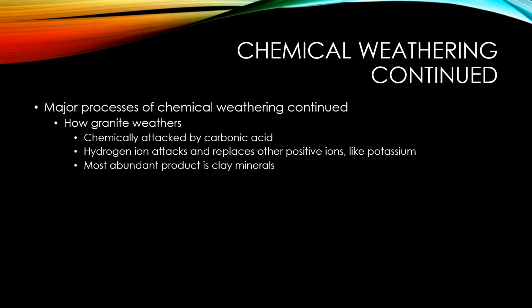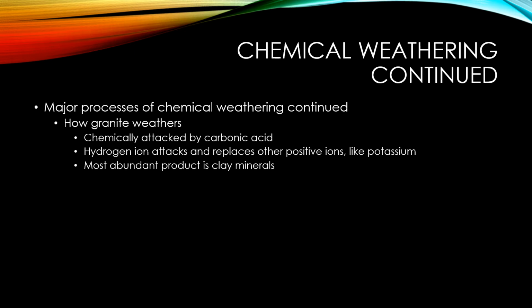And so essentially what occurs when a rock is being chemically attacked by carbonic acid is that the hydrogen ion within the carbonic acid attacks and replaces other positive ions that exist within the rock.